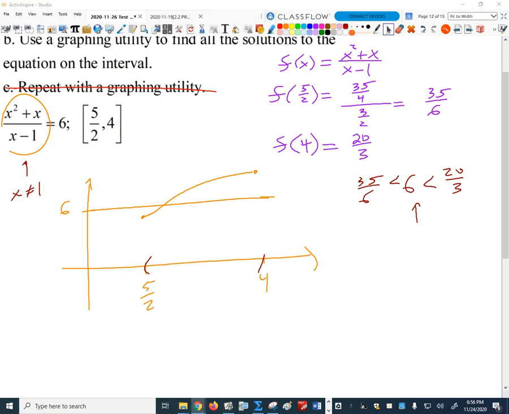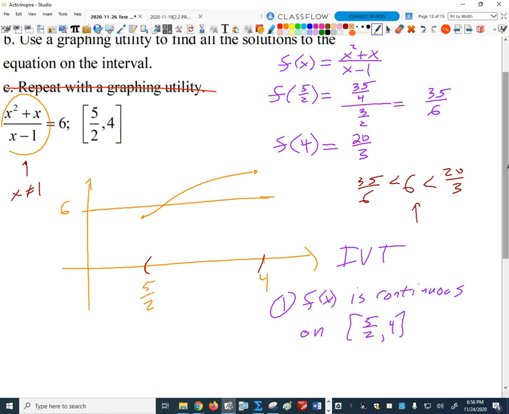All right, so I'm trying to remember where we left off. We met the criteria for the intermediate value theorem. Maybe I should make a note of those. So one was f of x is continuous on our interval from 5/2 to 4.